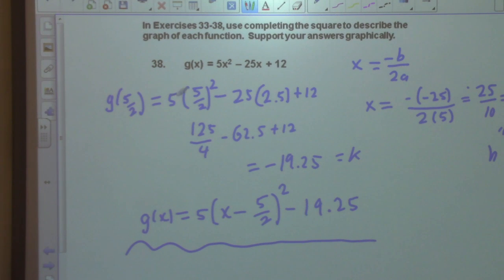We plugged in 5/2 into this equation, and we came up with this. Oh, okay. I don't know which way is easier, it's sort of an even call. And we could have done this using completing the square also.